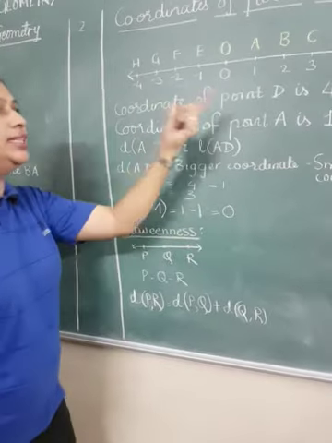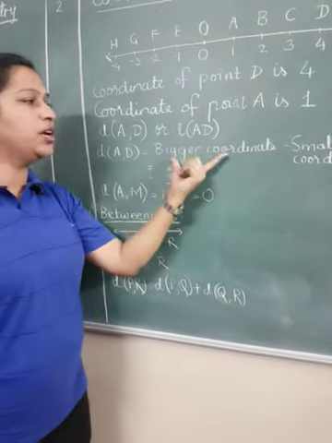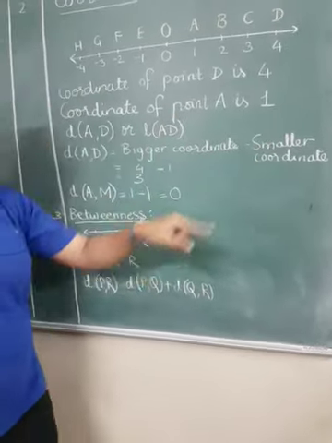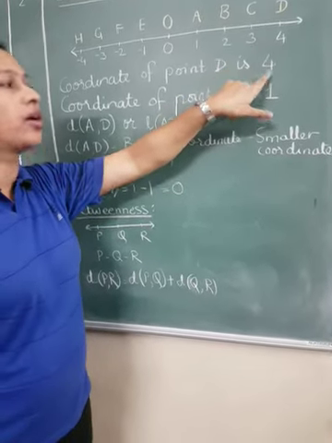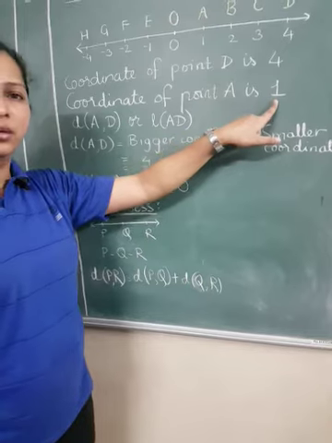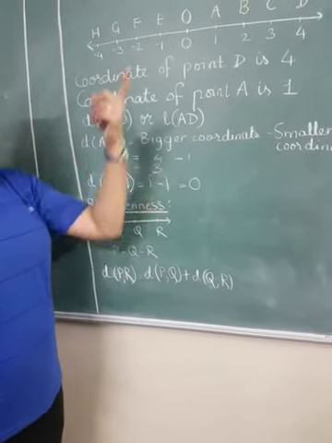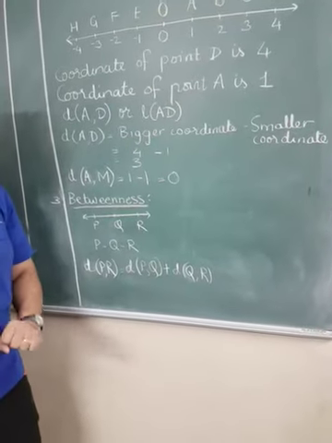Now if you have to find distance AD, the formula that you have to use is bigger coordinate minus smaller coordinate. So now here, which is the bigger coordinate? It is 4 and smaller coordinate is 1. So 4 minus 1, which is equal to 3. So that is how we get distance AD is equal to 3 units.